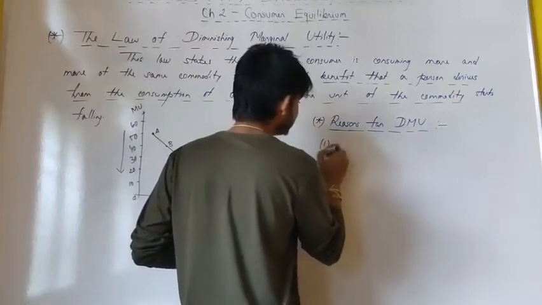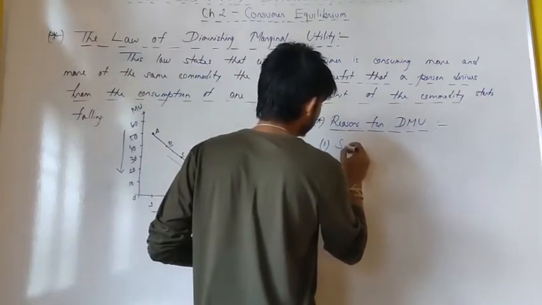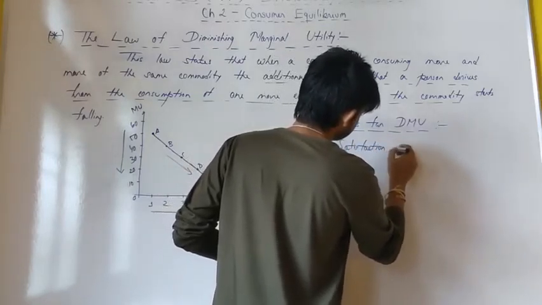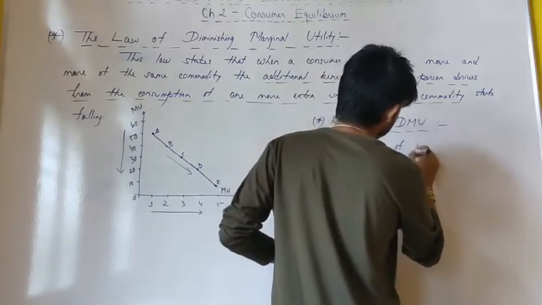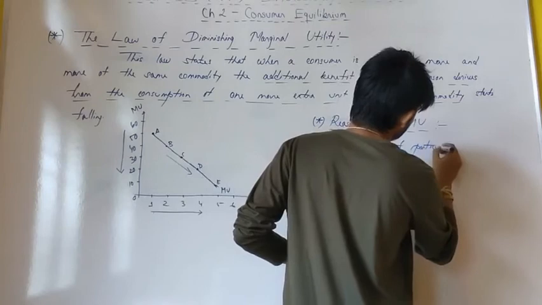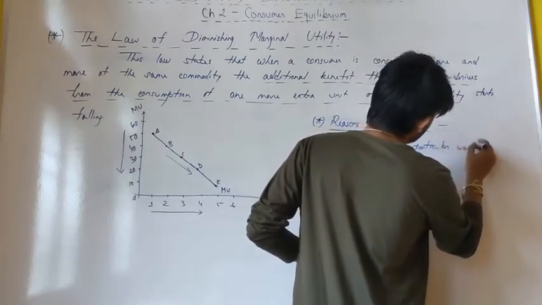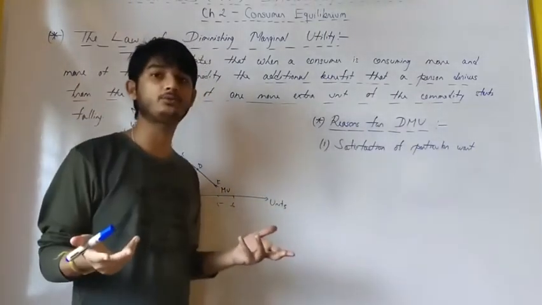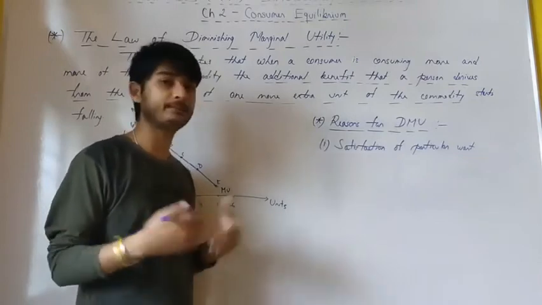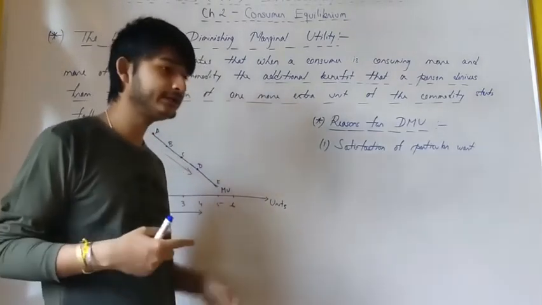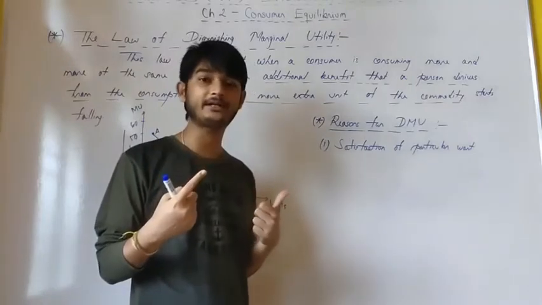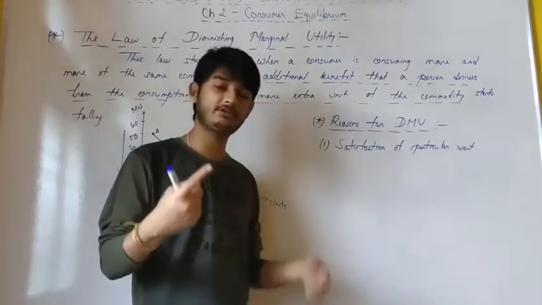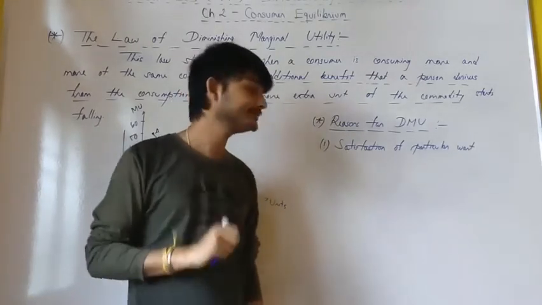One reason is satisfaction of a particular want. Although we know that human wants are unlimited and all of them cannot be satisfied, if we take any one particular want, then we can say that satisfaction of that particular want is possible.